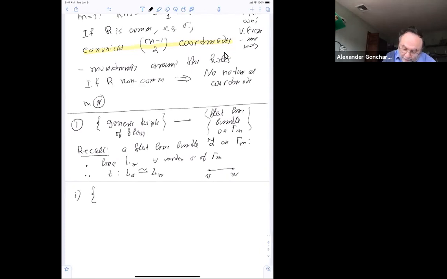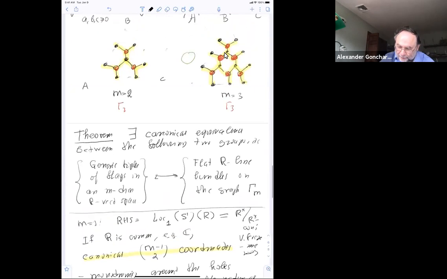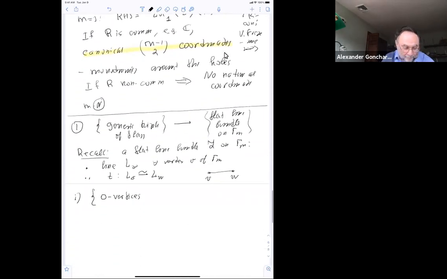And in our case, these vertices, you can call them white vertices, or they actually were red on the picture which we eventually made. I still call them white vertices. They're in one-to-one correspondence with the triples of numbers A, B, C such that A plus B plus C equals M minus 1.